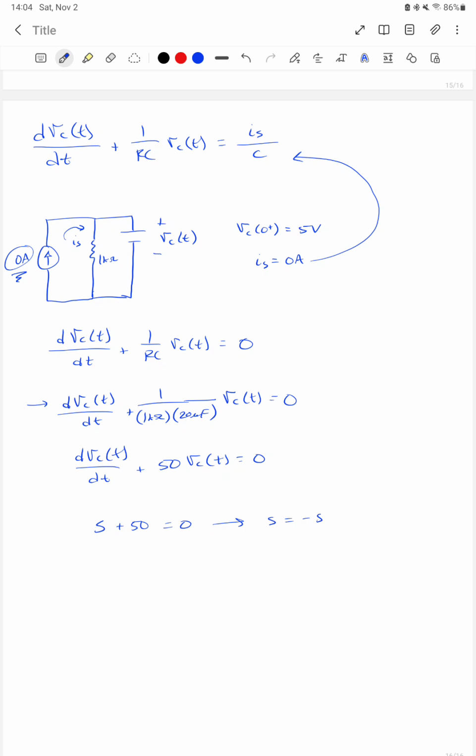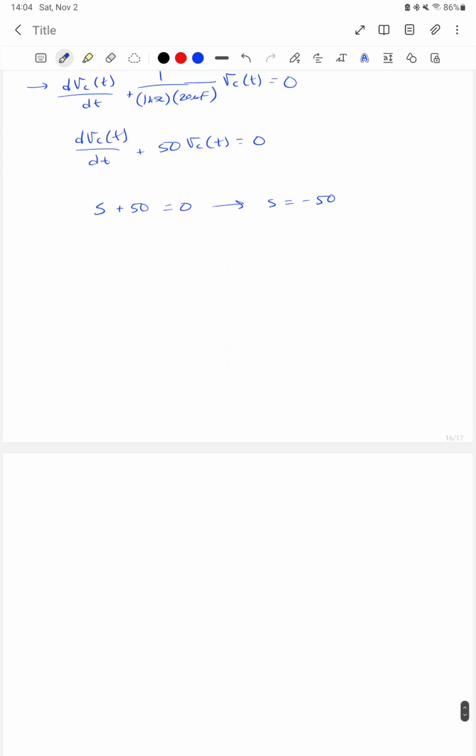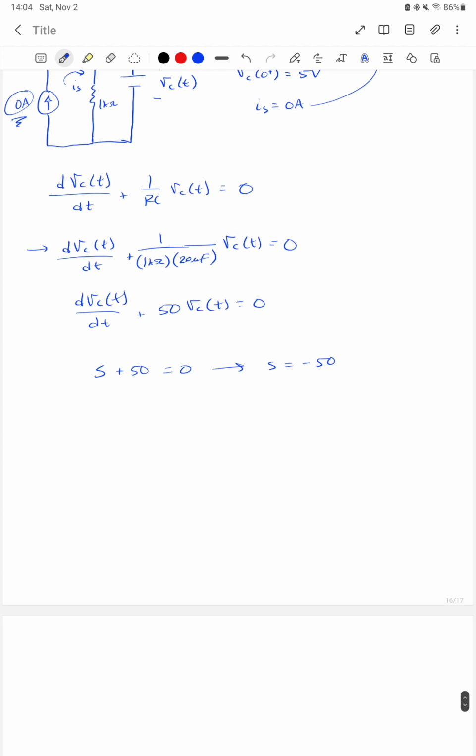Okay, your S is equal to negative 50. Cool. So now we can plug this all into our general guess equation. So that means that our Vc of t guess, and actually before I go too far into this, this is all 0 input.